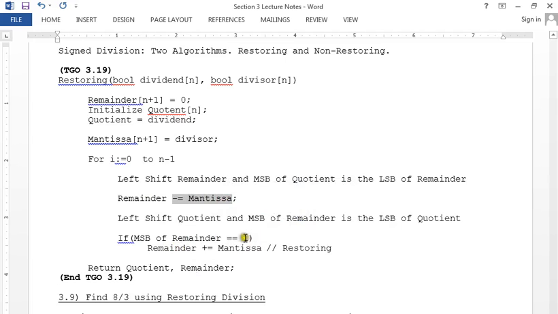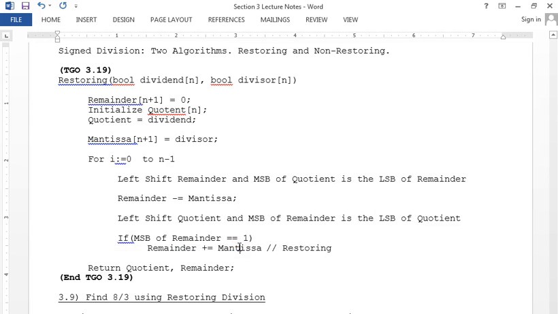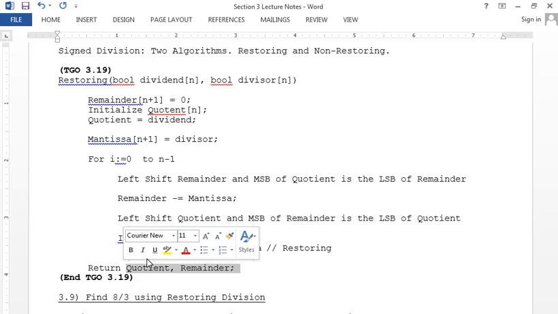But if the most significant bit is a 1, then we're just going to add the mantissa back. So if it's 1 minus 3, right, it's going to be negative 2. And if we have to restore it, then it just becomes 1 again, right? 1 minus 2 plus 2 is 1. And then we return the quotient and the remainder just like we did in our other little example here.